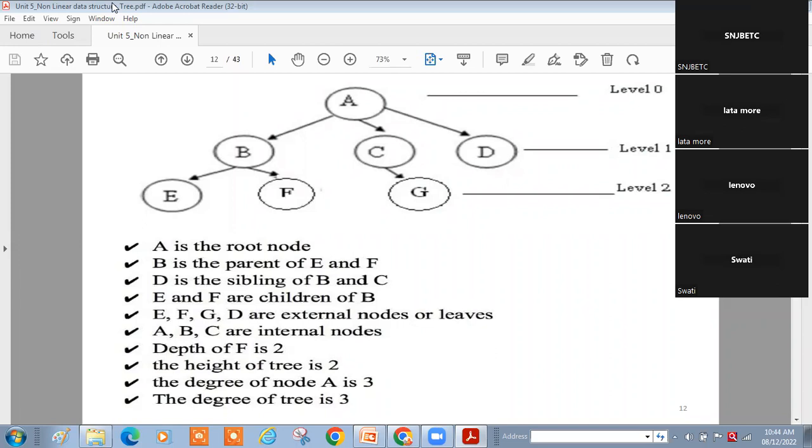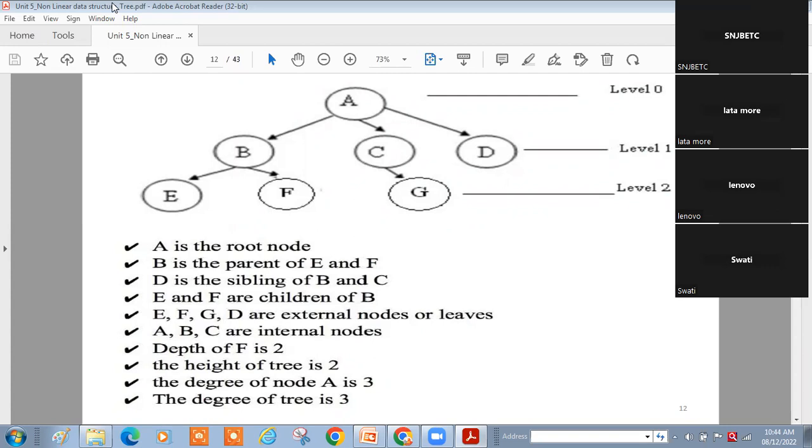So from this diagram, as I told you, E, F, G, and D are the external nodes or the leaves. A, B, C are the internal nodes. As we have seen, depth of F is 2. Then height of a tree.